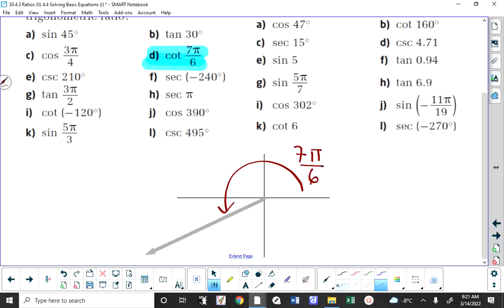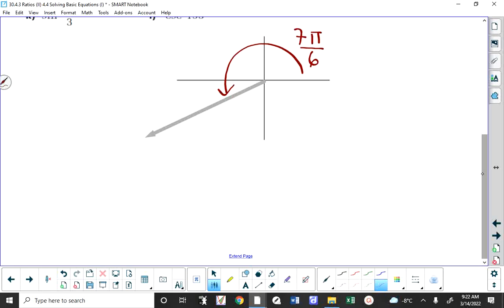Now if you want to start talking about the unit circle, and I'll get back to the whole cotangent idea in a second, the unit circle in quadrant 3 will intersect that terminal arm in some particular place. We call this point P.